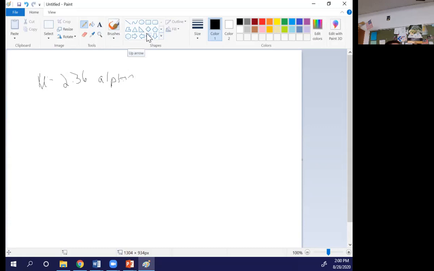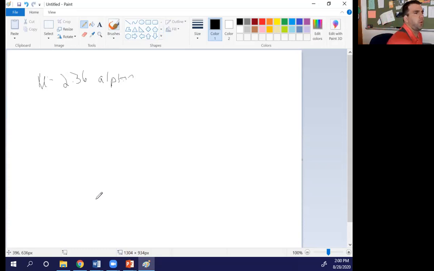The question is for uranium-236 to undergo alpha decay. All right, so I need to start with my nuclear symbol. How would I write uranium-236 into an equation?